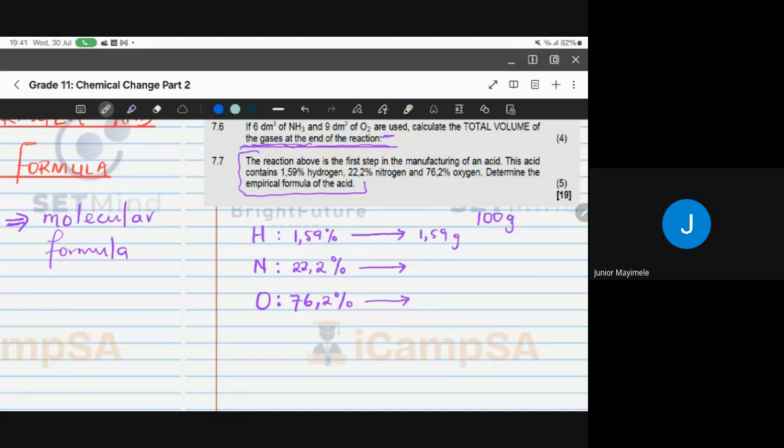So 1.59% of 100 grams will just give you 1.59 grams. So whenever you're given percentages, don't even ask. Just start translating it into masses.